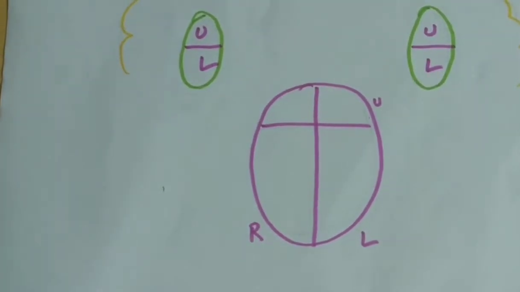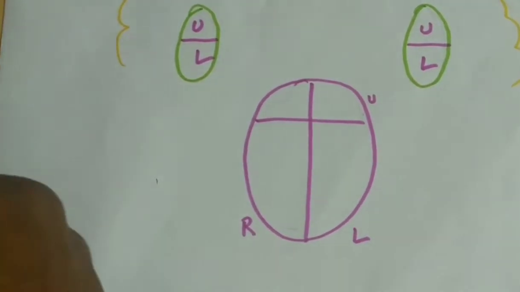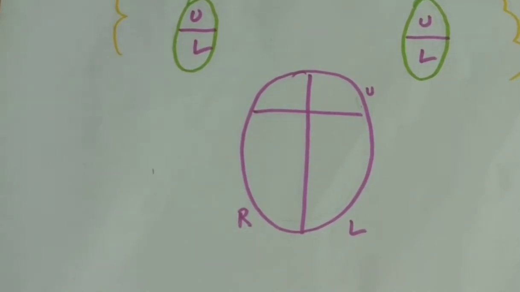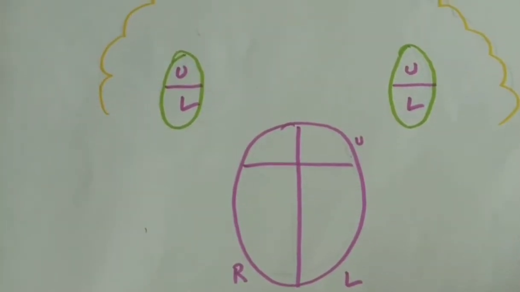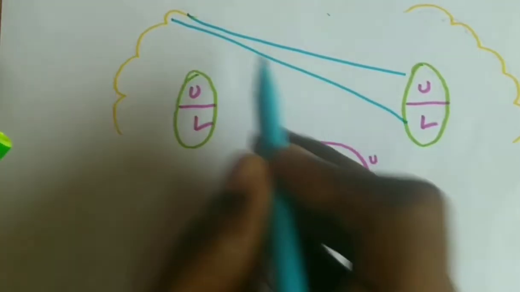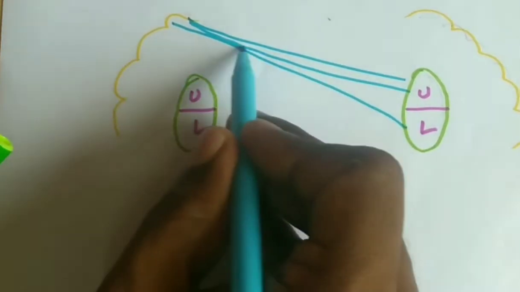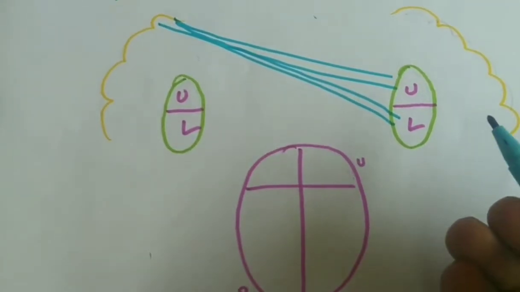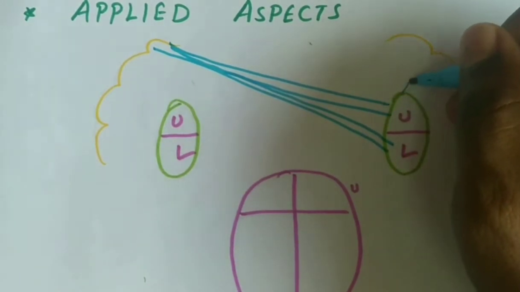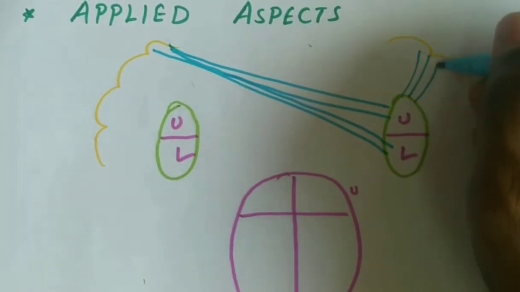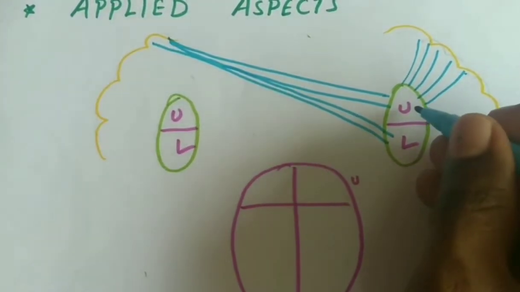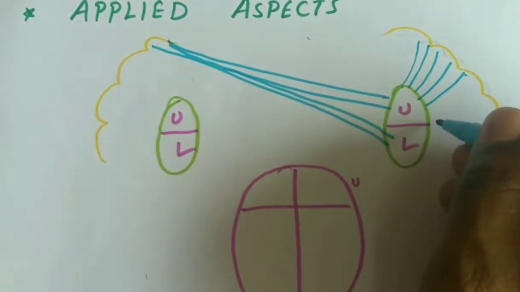For understanding facial palsy, Bell's palsy and the upper motor neuron facial palsy, we need to know about the connections. Usually the cerebral cortex controls the opposite side facial nucleus. But the upper part of the facial nerve nucleus is also controlled by the same side cortex.